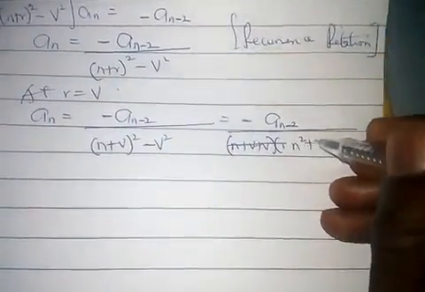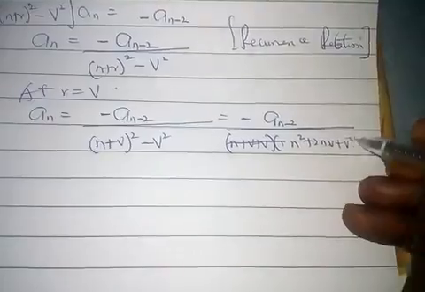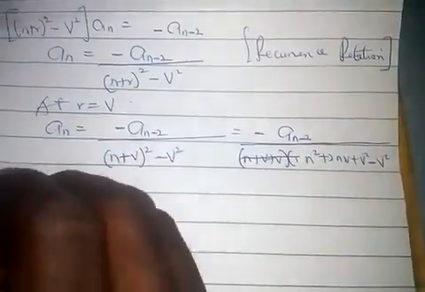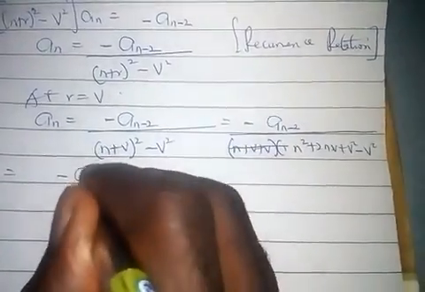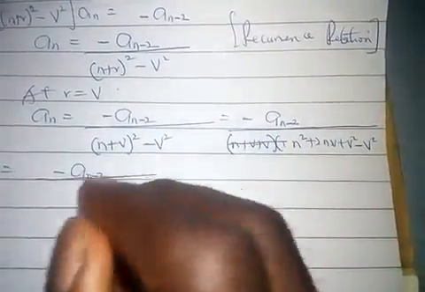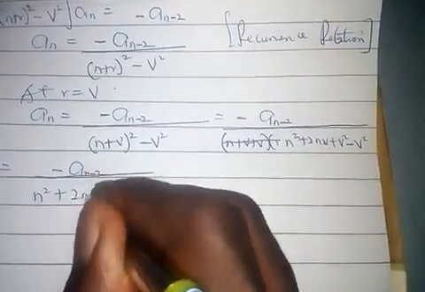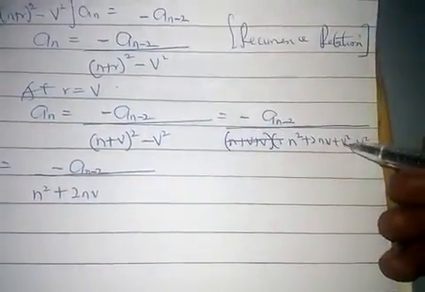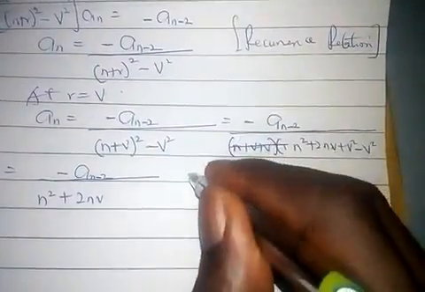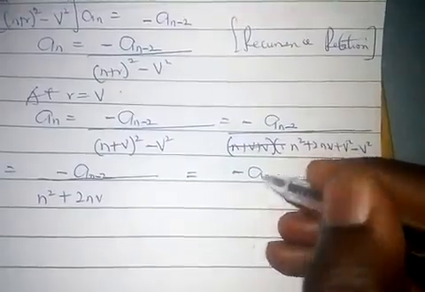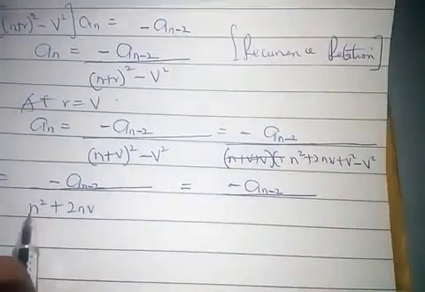We have n² + 2nv + v², and if you open it here, then minus v², into n² + 2nv. V² minus v² is out, and it is equal to minus a_{n-2} all over n.